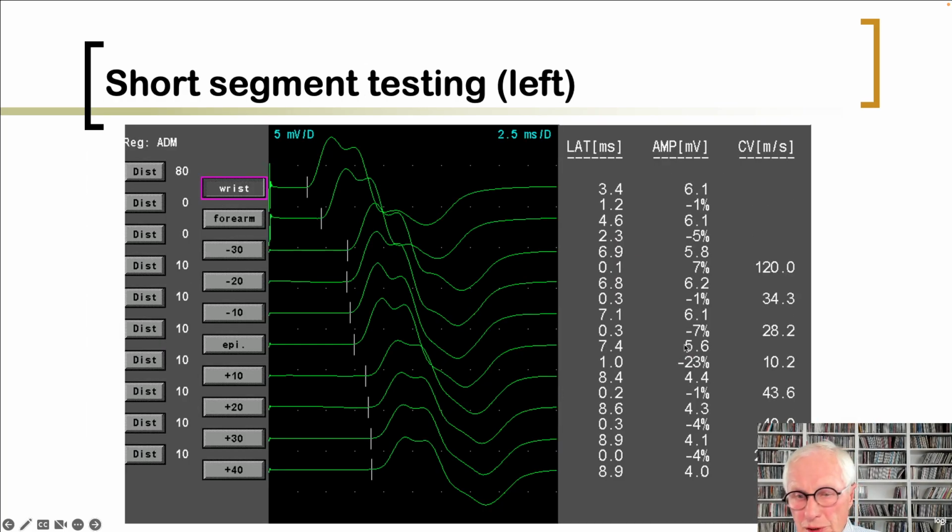If we do a short segment study, you will see that the amplitude is very stable until we come across the above the medial epicondyle, and here you see again the conduction block and delay very clearly.